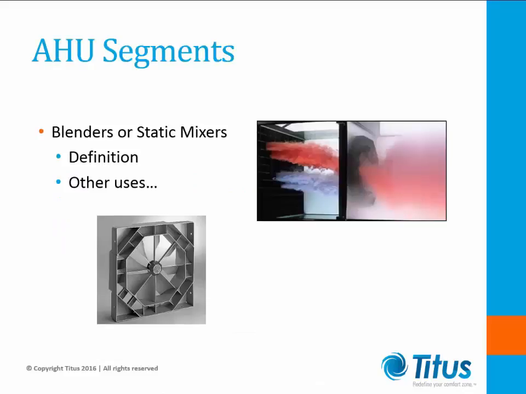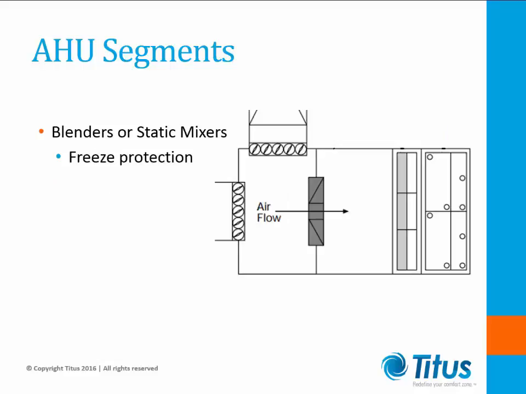By definition, blenders are mixing devices fixed in position consisting of baffles and blades used to induce mixing to the flow of air. The next few slides will show some of the functions of the blender segments.